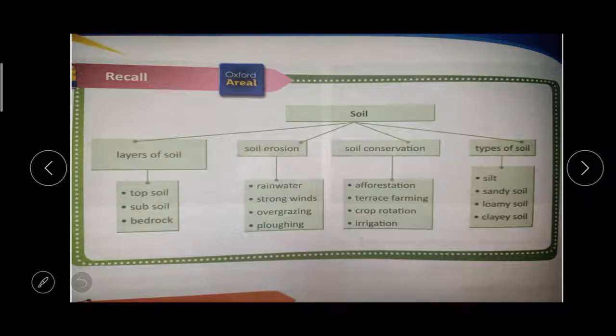Then soil erosion and its causes: rainwater, strong winds, overgrazing and ploughing. Then soil conservation: afforestation, terrace farming, crop rotation and irrigation. Finally we learned how we can store the grains.